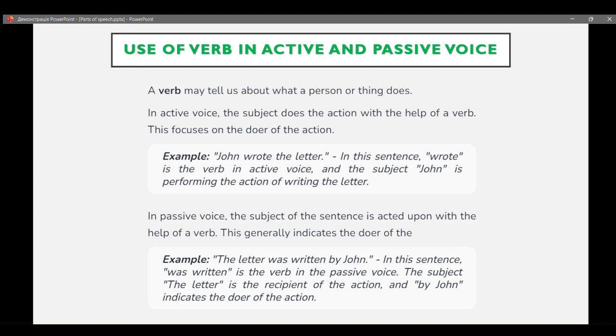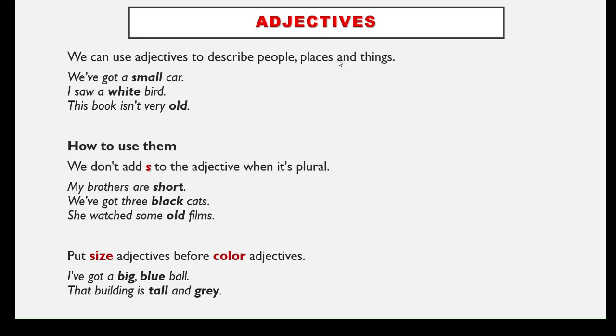Okay, we finished our verb topic. Let's have a look at adjectives. We can use adjectives to describe people, places, and things. Here we've got a small car.